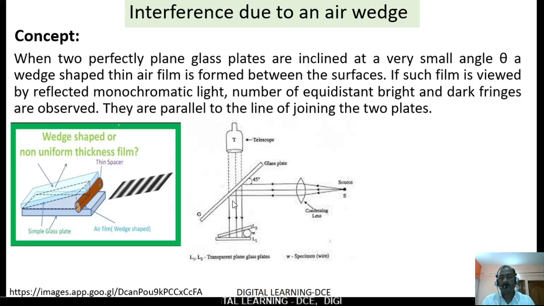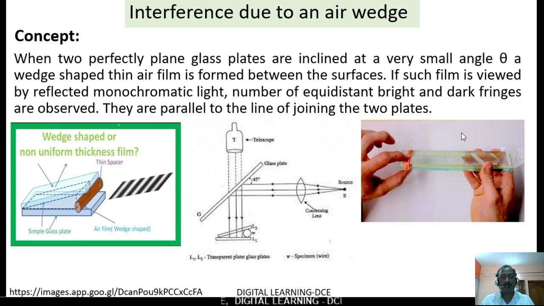It undergoes reflection and refraction through the glass plate, and finally it is incident on the wedge shape formed when the two glass plates are inclined to each other. When the two light rays interfere together, we get the interference pattern. Looking through the telescope, we can get the fringe pattern like this.